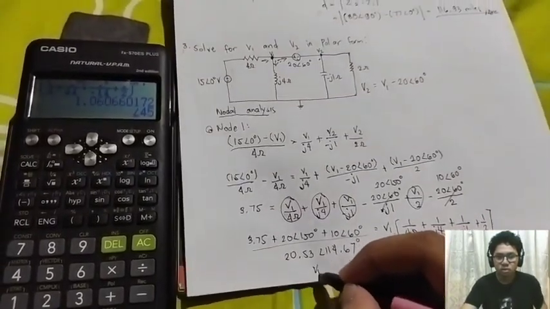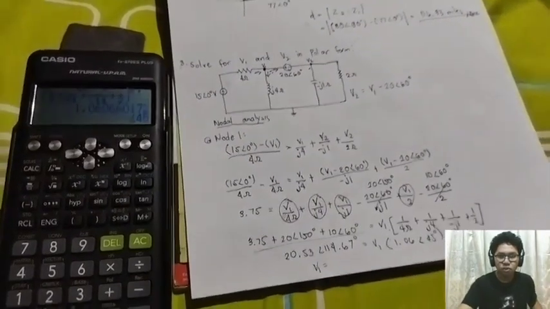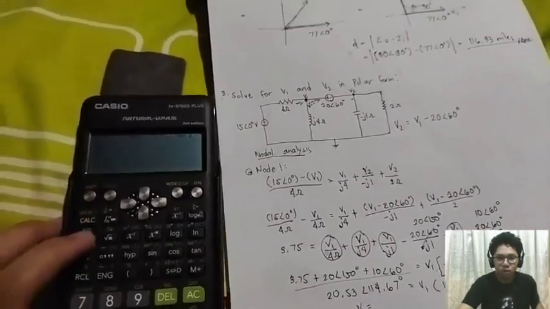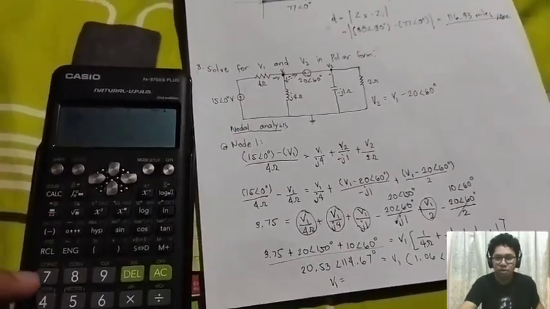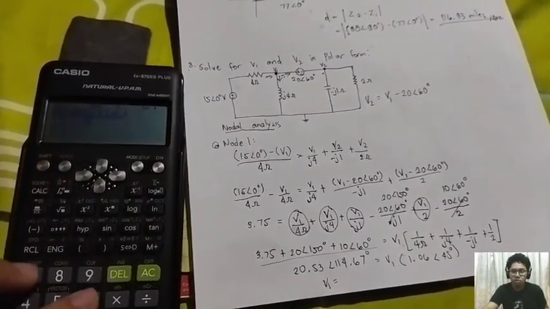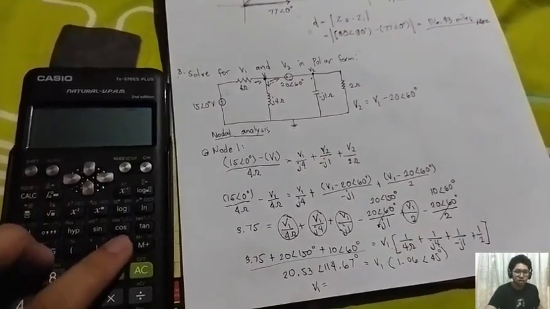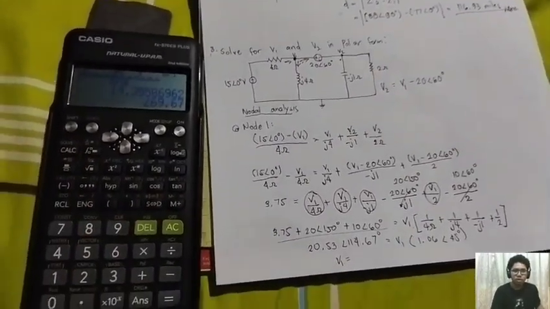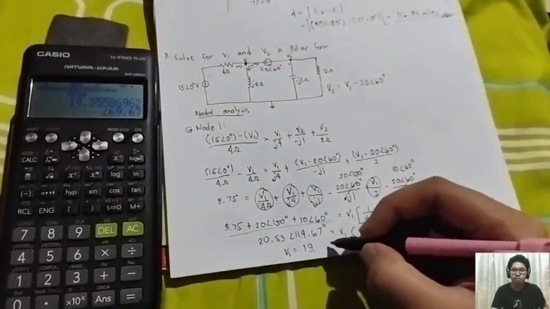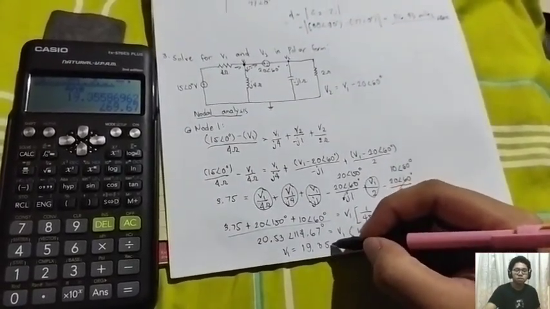So now we can get the value of V1 by dividing 20.53 with an angle of 114.67 degrees by 1.06 with an angle of 45 degrees, and our V1 is equal to 19.35 with an angle of 69.67 degrees.